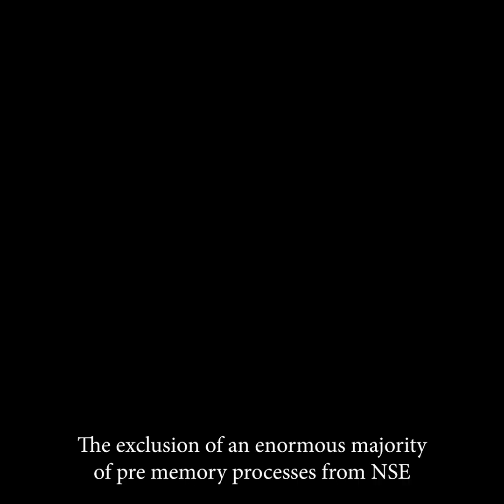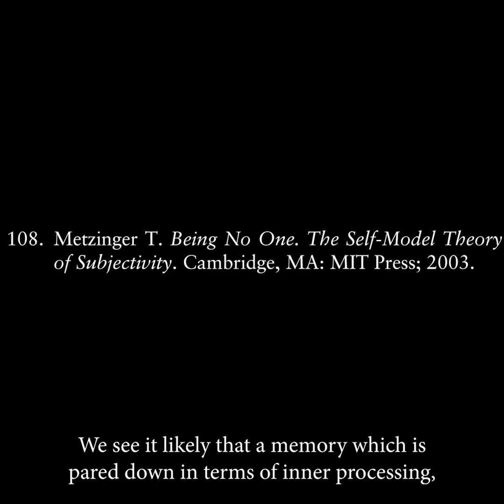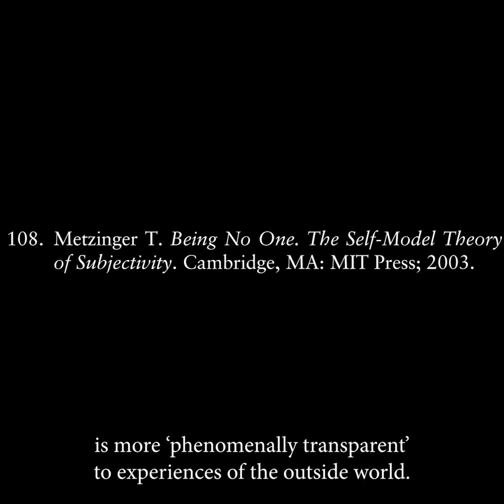Why so much of mental processing is left out of awareness? The exclusion of an enormous majority of pre-memory processes from NSE raises the question of why the brain would choose to leave so much information out of memory. We see it likely that a memory which is pared down in terms of inner processing is more phenomenally transparent to experiences of the outside world.